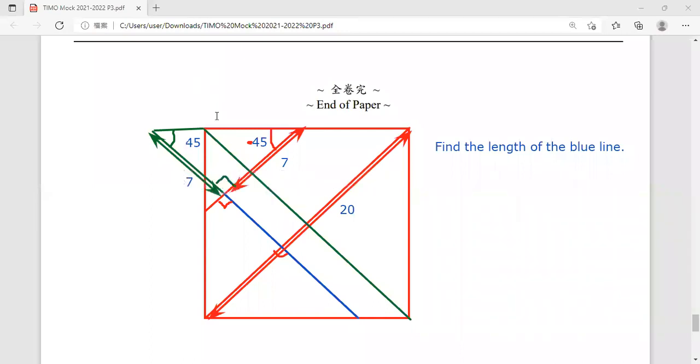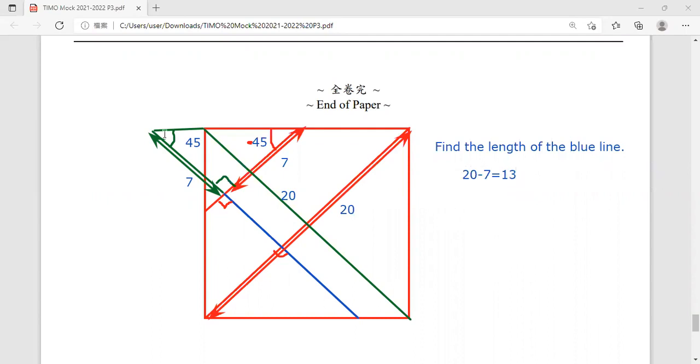And this shape, maybe I use another color. I use black. This shape is a parallelogram. And this is also a diagonal, so this is 20. The opposite sides of a parallelogram are the same. And so the answer is 20 minus 7, which is 13.